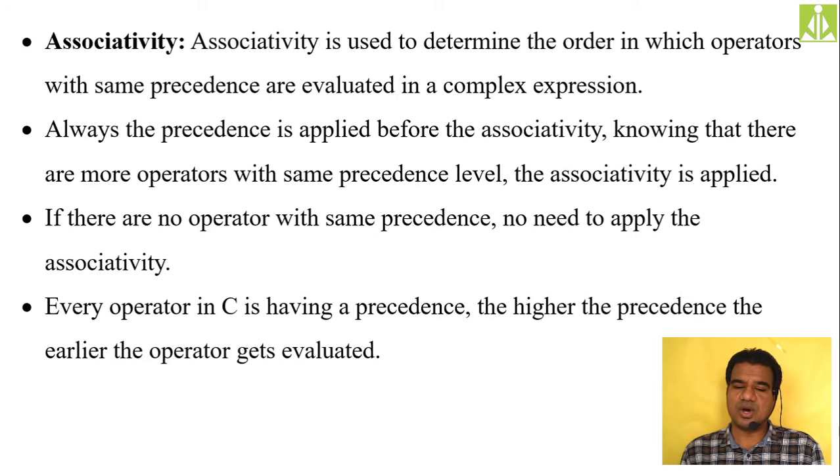Always, the precedence is applied first. Just read this second statement in your slide: always the precedence is applied before the associativity. First apply the precedence, and then go for associativity, knowing that there are more operators with the same precedence level.